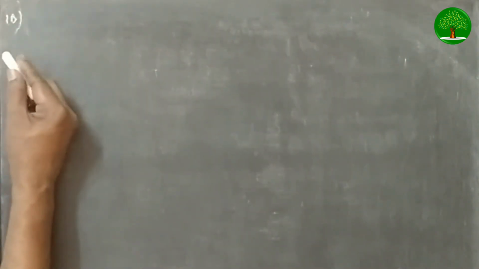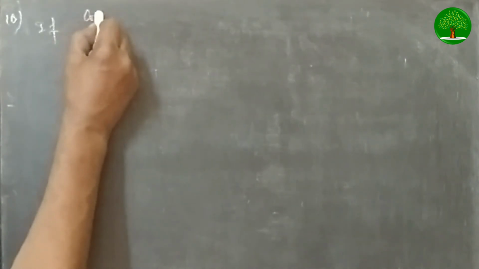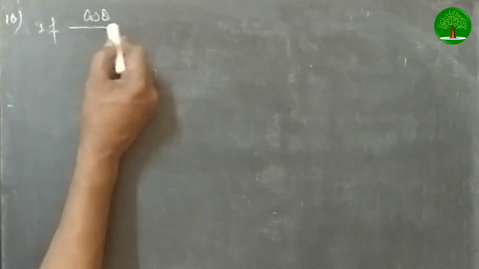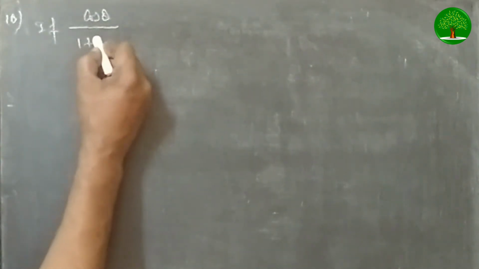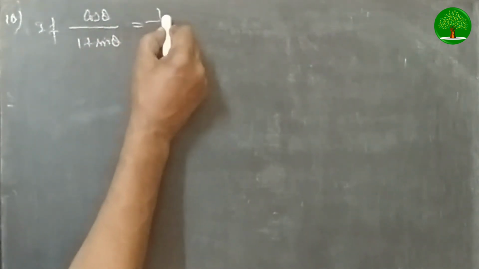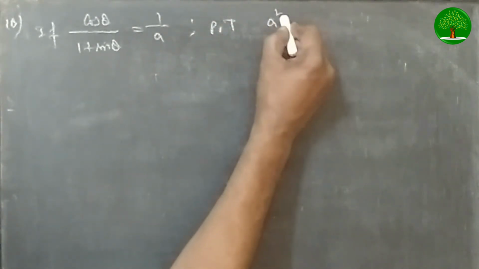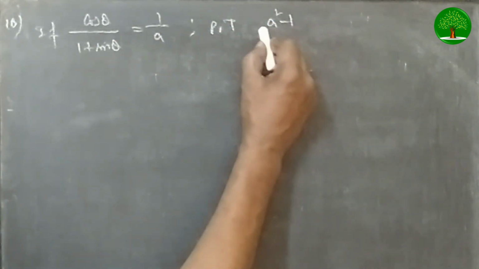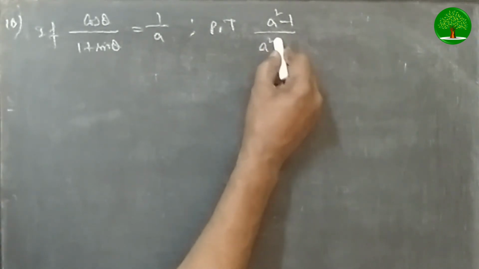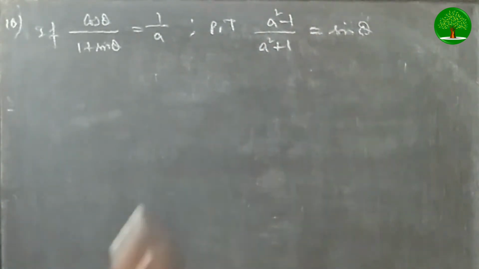10th one. If cos theta by 1 plus sin theta is equal to 1 by a, prove that (a square minus 1) by (a square plus 1) is equal to sin theta.